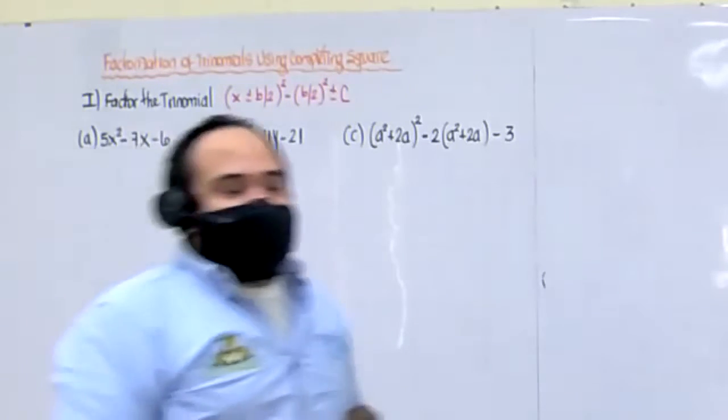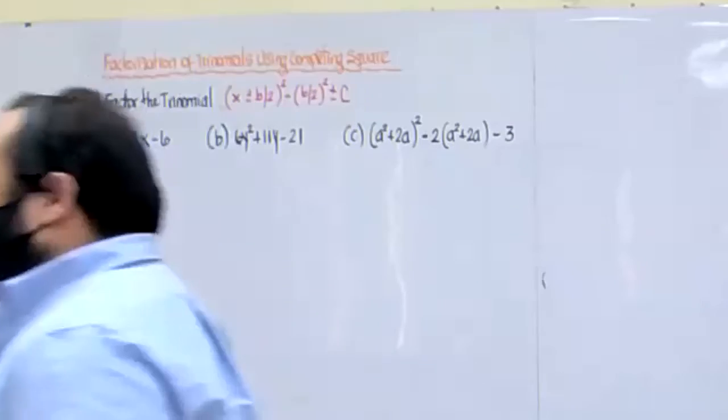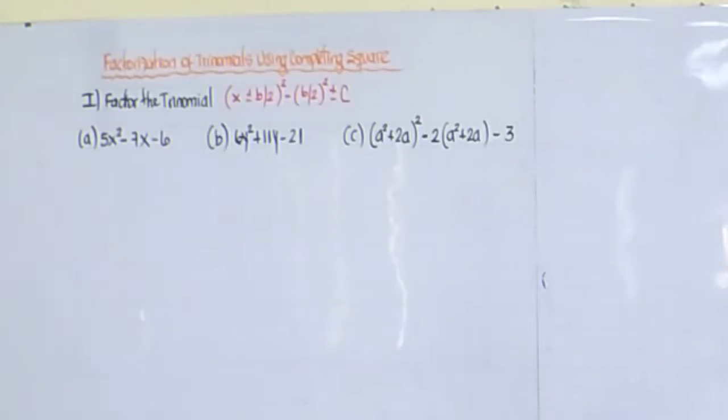This is the completing square formula. In this case, the letter b is the number next to the linear variable, and the letter c is the independent term. In simple words, the number that doesn't have a variable, letter x, y, z, or whatever you want. Okay, so let's focus on the three exercises.